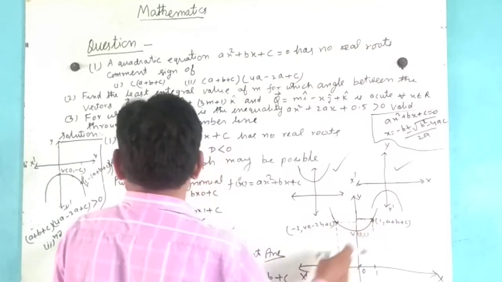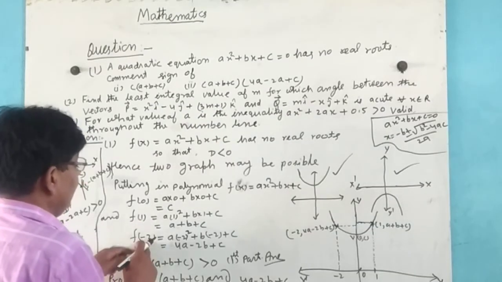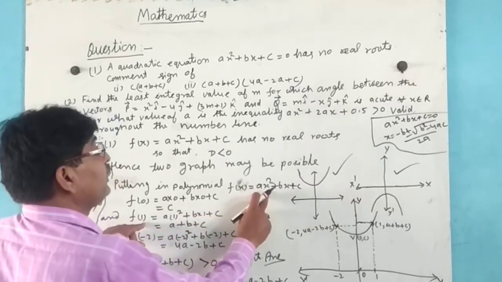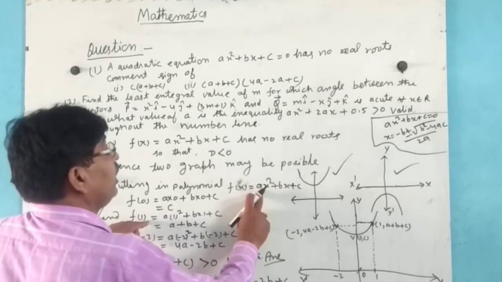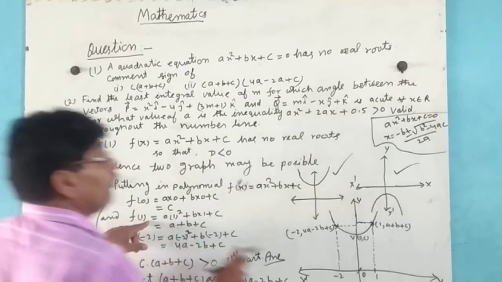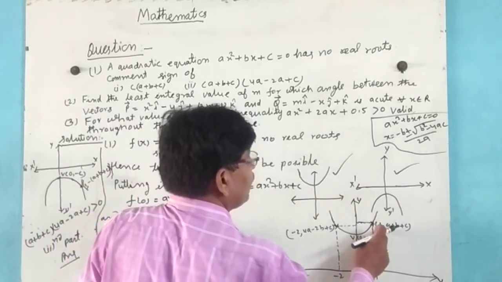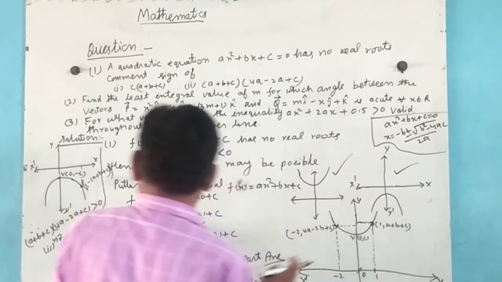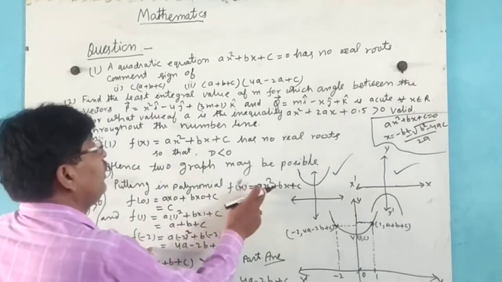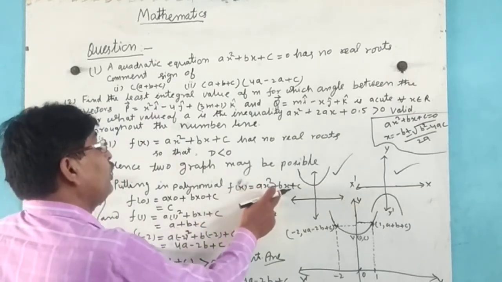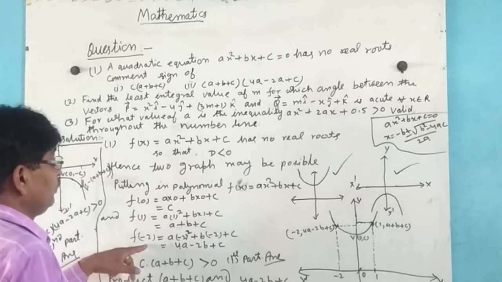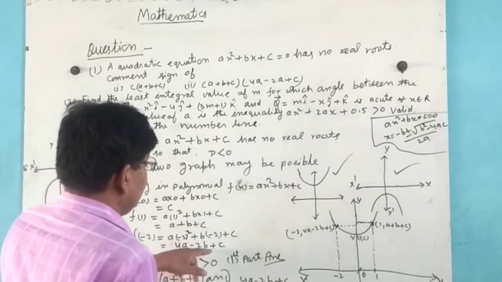This point on the parabola is (0, c). Here f(1): putting x = 1 in this polynomial, we get a + b + c, so f(1) = a + b + c. And f(−2): putting the value of −2 in the polynomial, x² gives 4, so f(−2) = 4a − 2b + c.